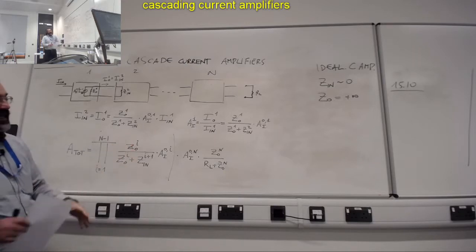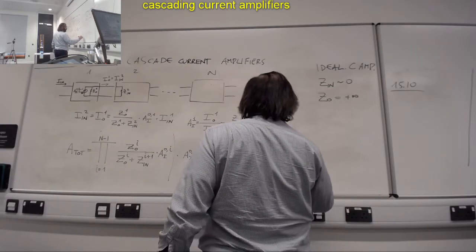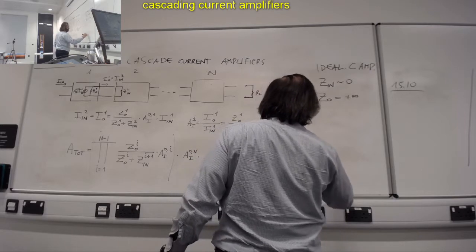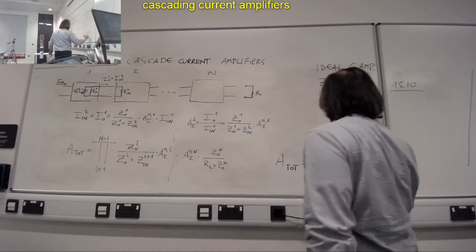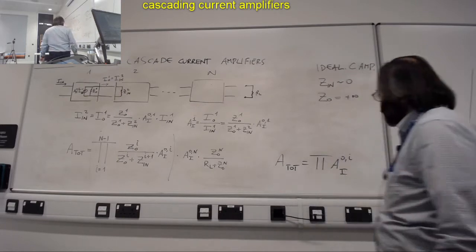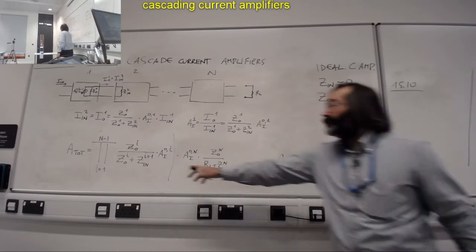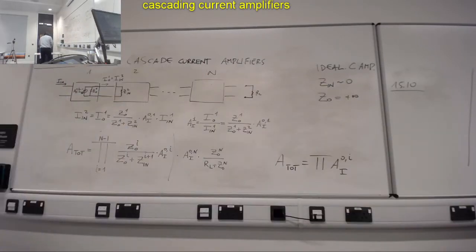And so again, if we were in ideal, and only in ideal situations, we would have that the total current amplification is this. If not, it will be smaller, because we need to consider those.